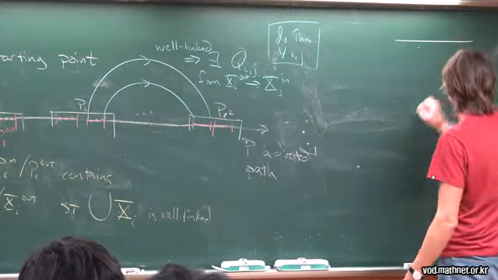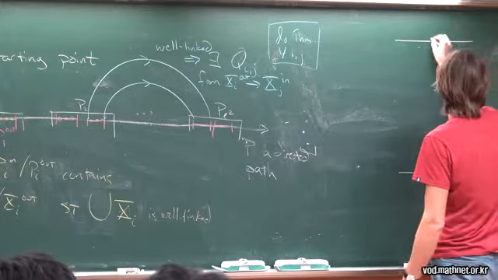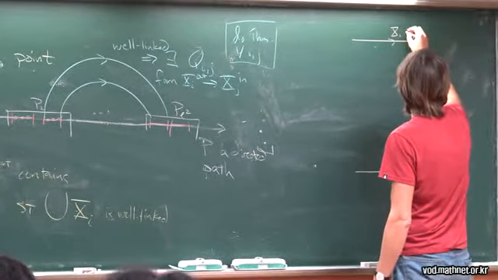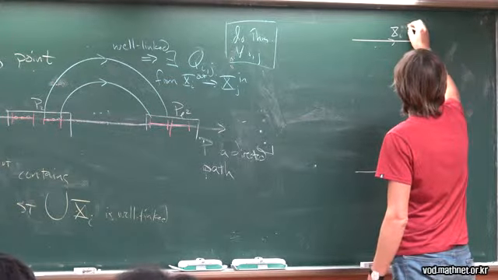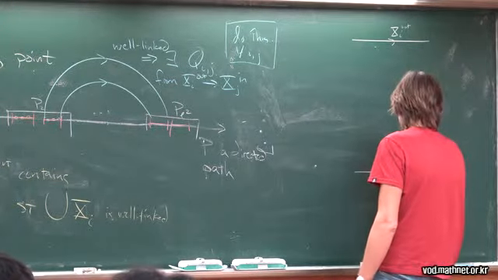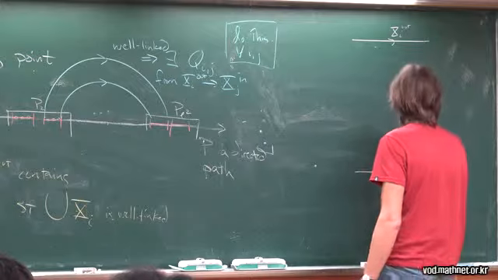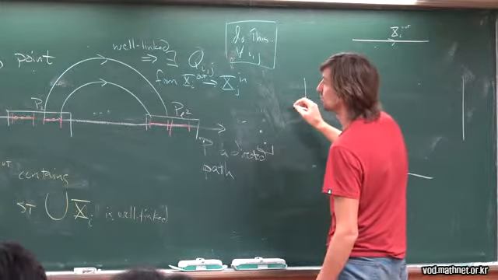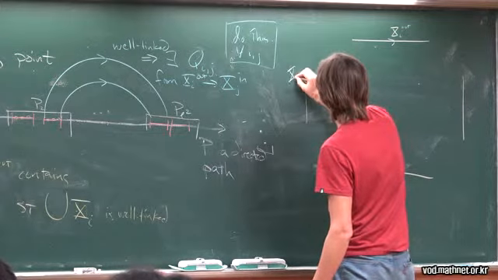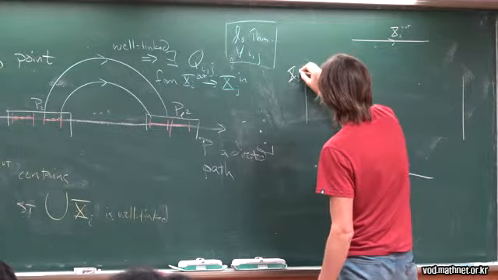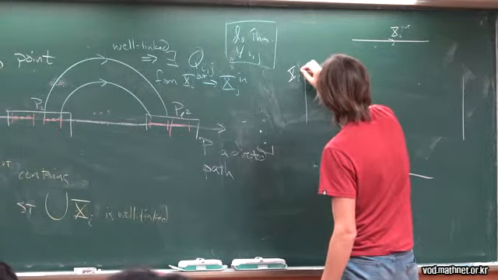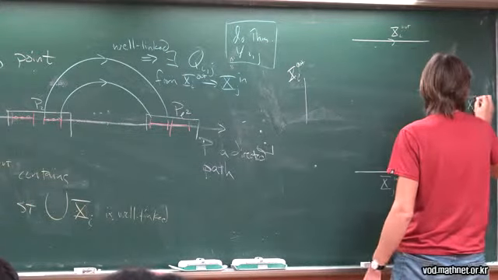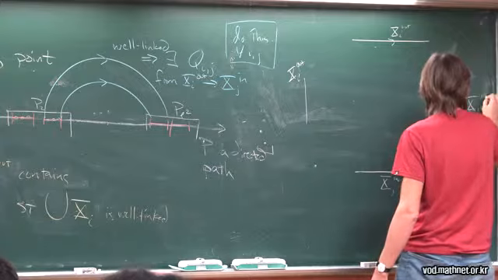So xi out, xj in. I'm switching up my picture here. xi prime out, xj prime in.